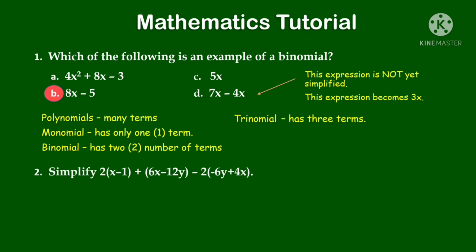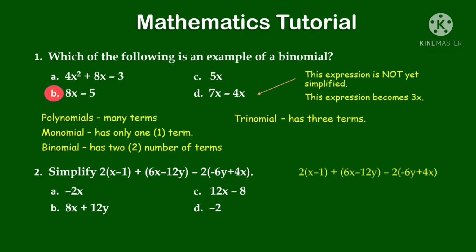Number 2, simplify: 2 times quantity x minus 1 plus quantity 6x minus 12y minus 2 times quantity negative 6y plus 4x. Options are A, B, C, and D. Here is the solution for that.